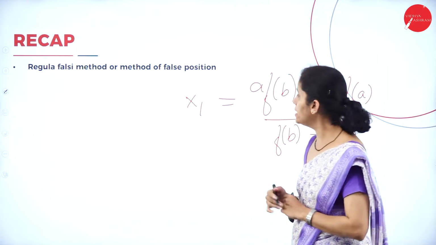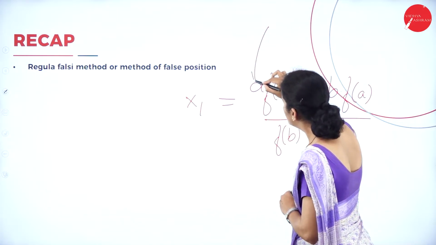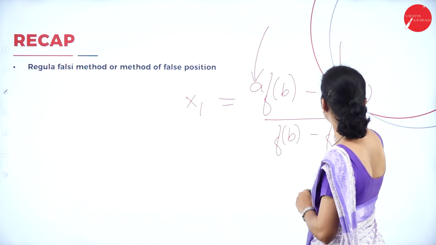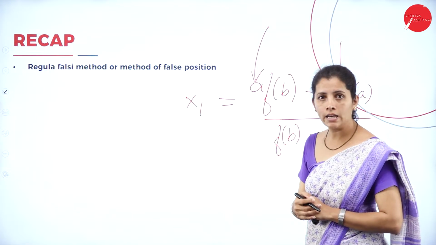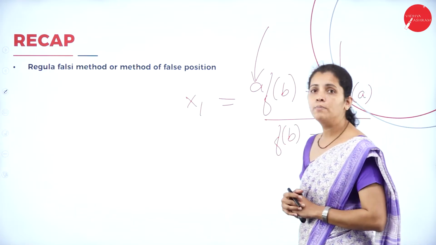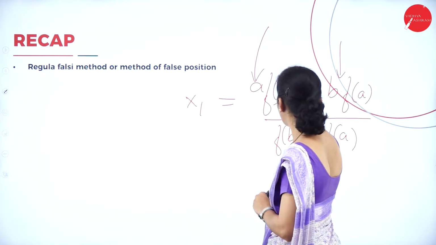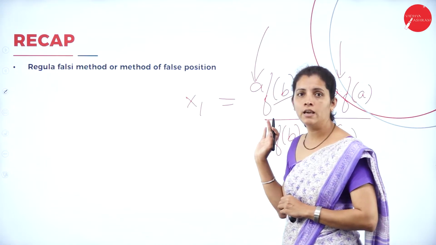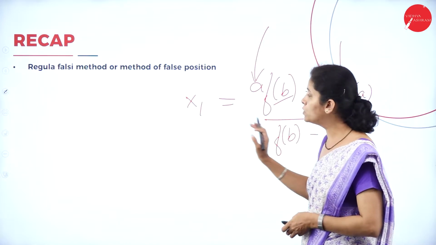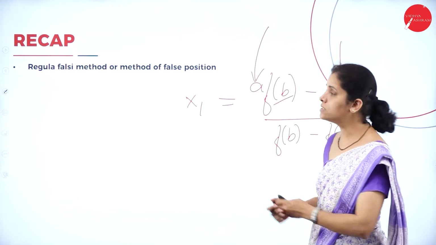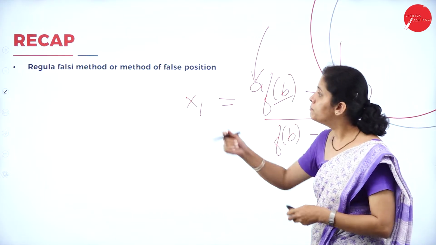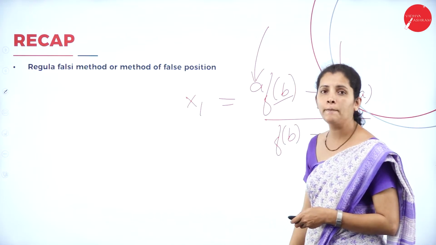First you have to find out a as well as b value, and at the same time find out f of b and f of a and substitute the values in order to get the root. So this is the formula used to solve the problem by using regula falsi method.